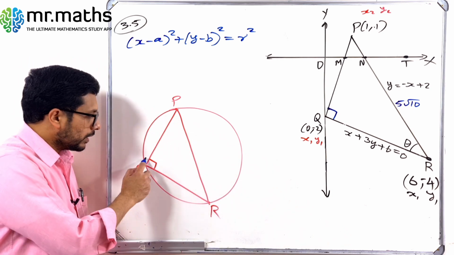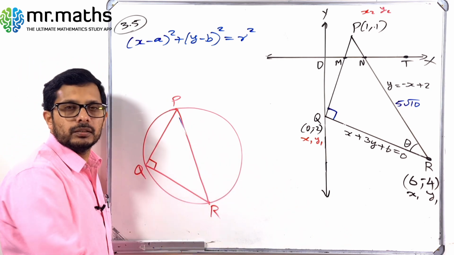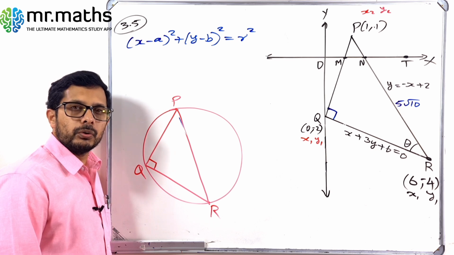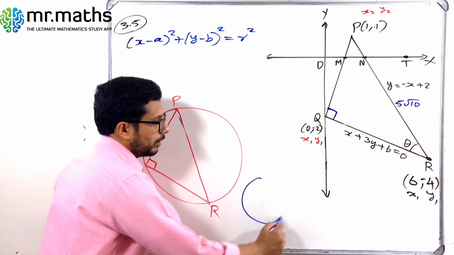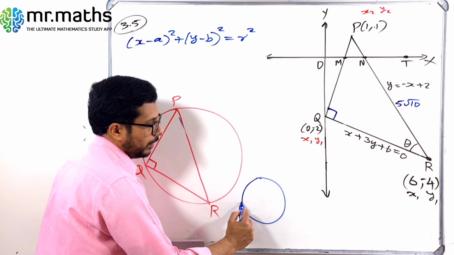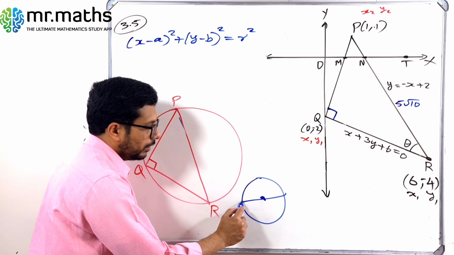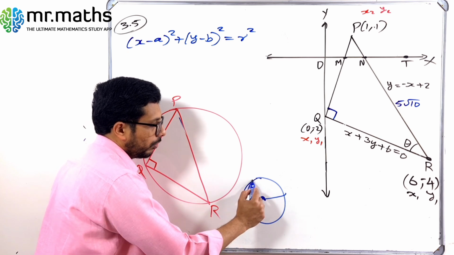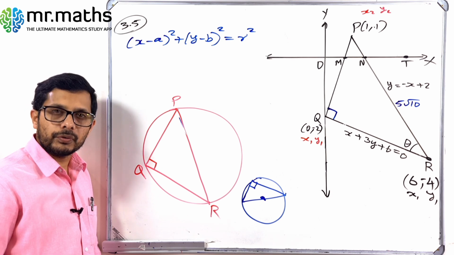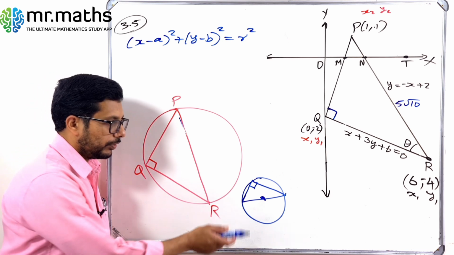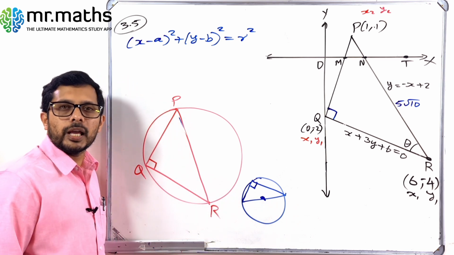So now, if this angle is 90 degrees, what about this line? You know, in Euclidean geometry, we studied the angle in a semicircle. If it is a circle and this is the diameter, then always this angle is 90 degrees. Or the other way around, the converse: if this angle is 90 degrees, then this one is a diameter.